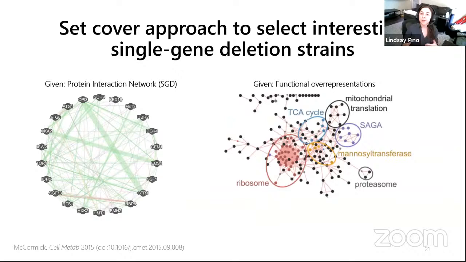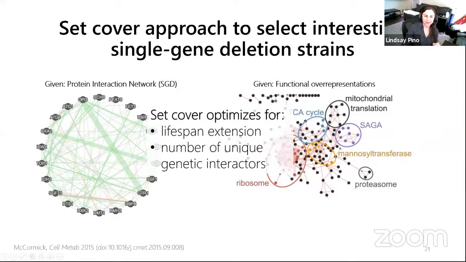So I picked a couple of these single gene deletion yeast strains, and I wanted to grow them up in bulk, measure their proteomes with DIA, and I was going to see this beautiful signature in the proteome. I did what's called a set cover approach, and what this set cover does is, given two sets of information, I gave it the functional overrepresentations, and I gave it this protein interaction network because I wanted to optimize for a couple things.